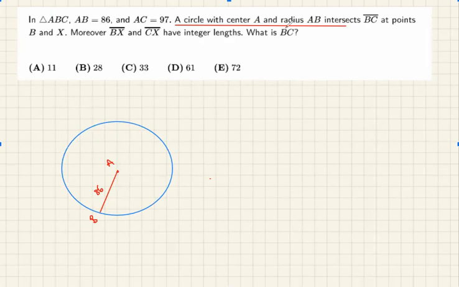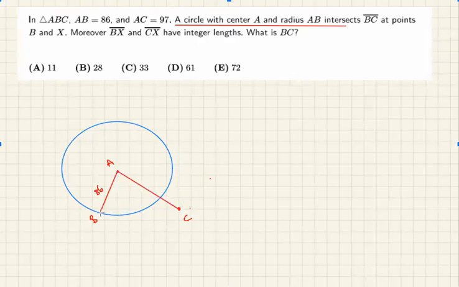But what else do we have? With the center A, radius AB, intersect BC at the points B and X. So B is right here. When you draw the point C somewhere, let's say right here, this is my AC.